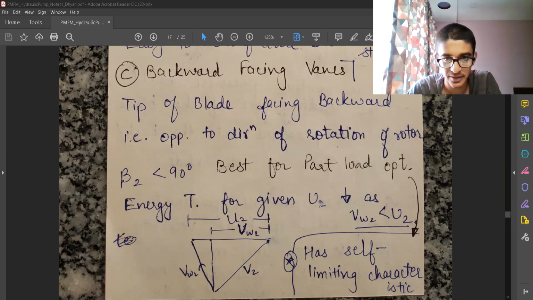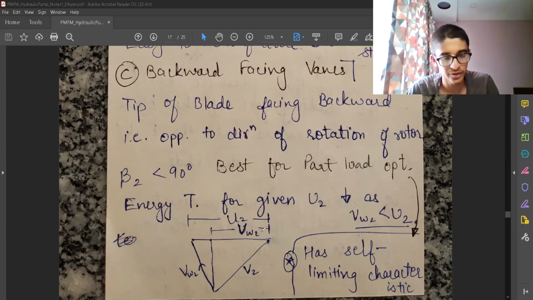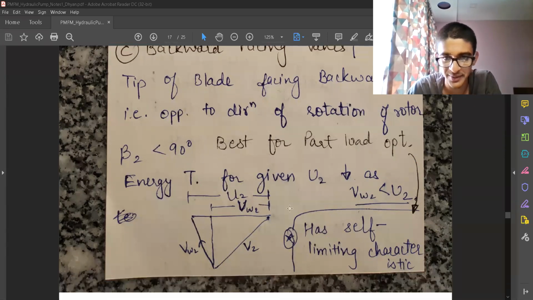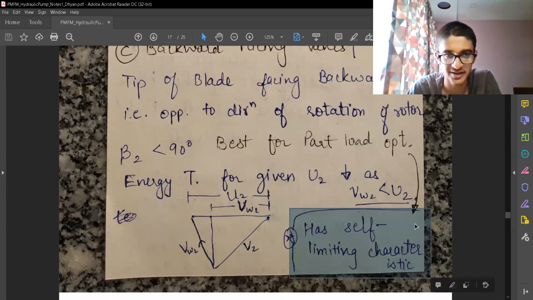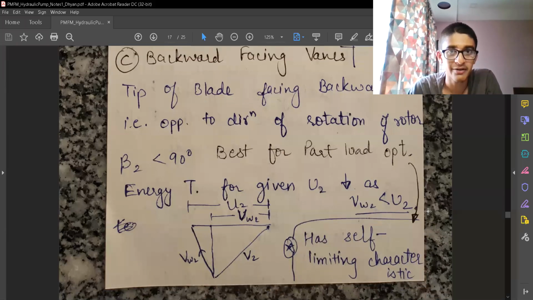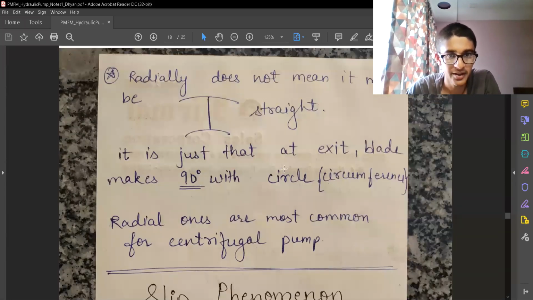Energy transfer reduces because VW2 is less than U2, so the total energy transferred is less, but the special property of self-limiting characteristic convinces us to use backward facing blades commonly.